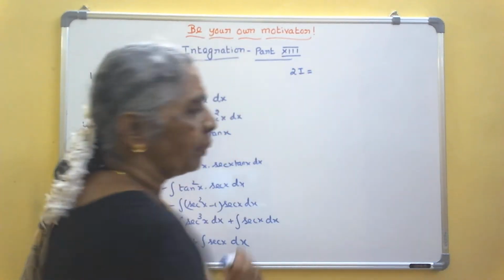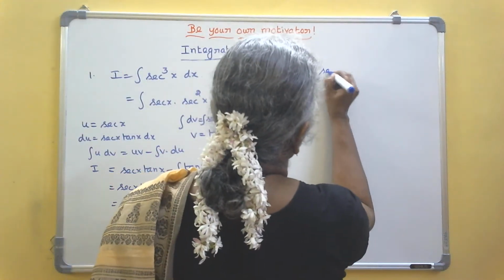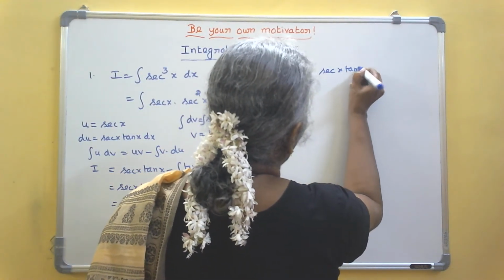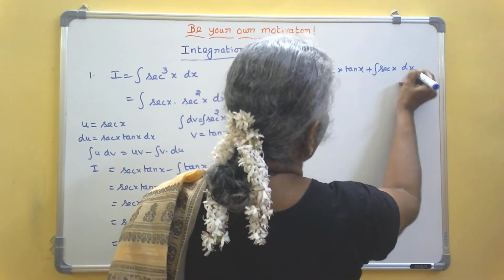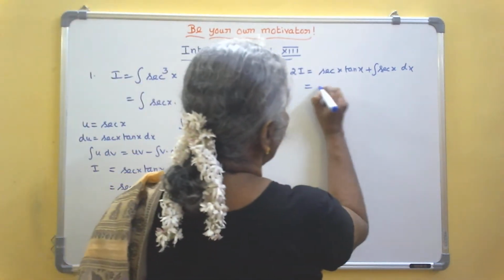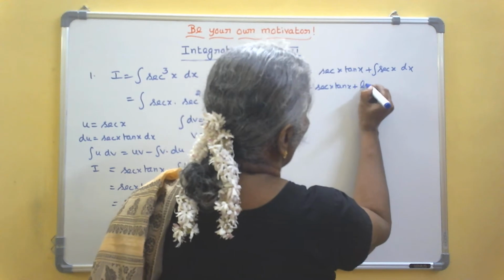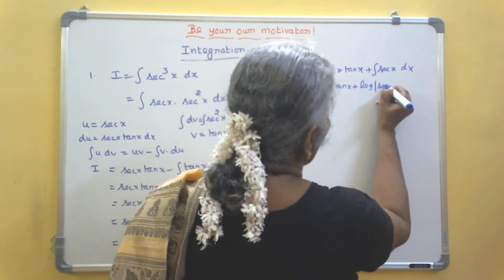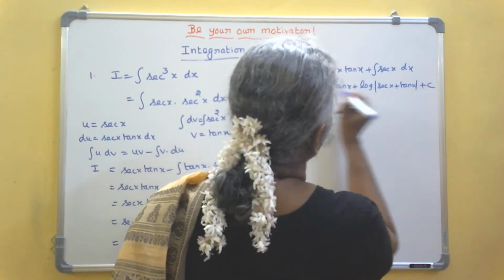So now you will be getting 2I equal to secant x tan x plus integral secant x dx. You have a straight formula for integral secant x. So now you will get secant x tan x plus log mod secant x plus tan x plus c.